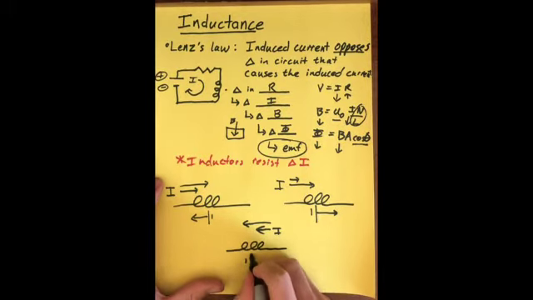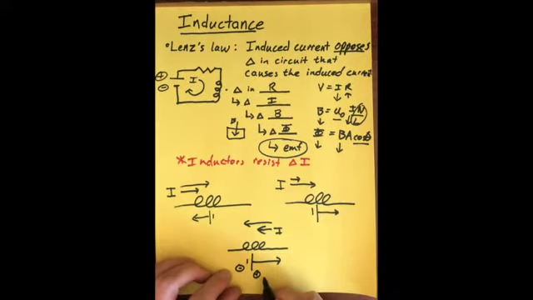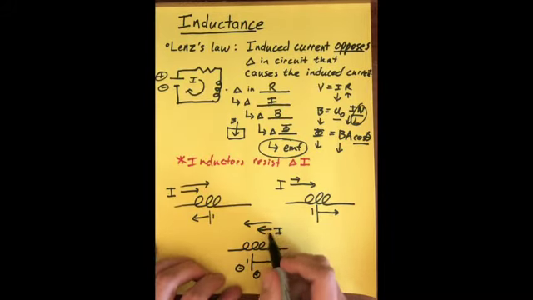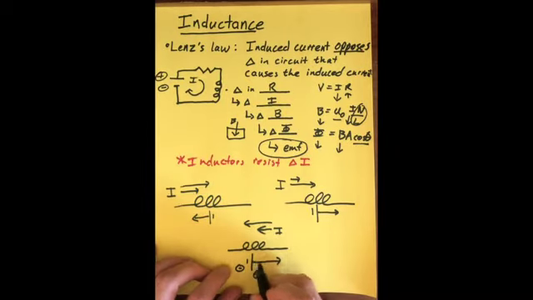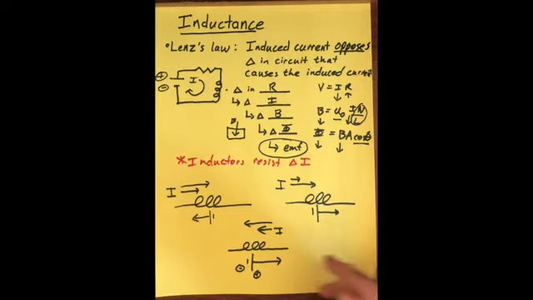So it would push to the right. And this is just shorthand notation for a power source, because it's acting as if it were a fake power source, resisting the change in current. Current will still increase in this direction if it needs to increase, but the inductor is going to make it a much more difficult process.